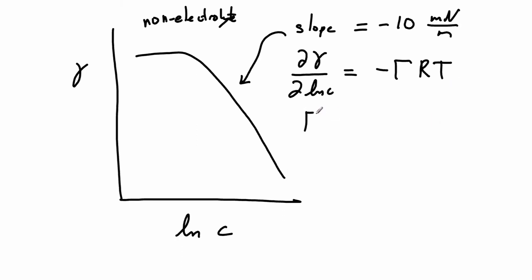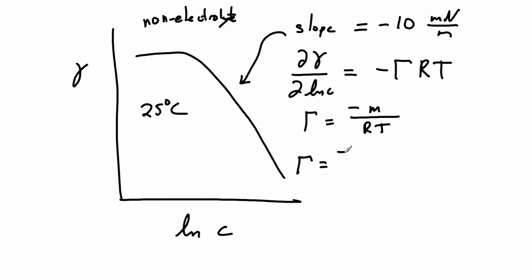So the surface excess, we can see, is just going to be the negative of the slope, divided by RT. So suppose we collected this data at 25 degrees C. So we have that too. Okay, so we want to put everything into SI units. So the surface excess is the negative of the slope.